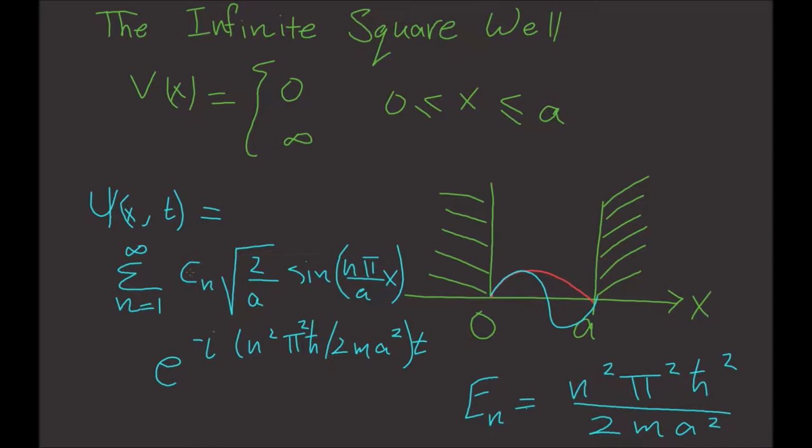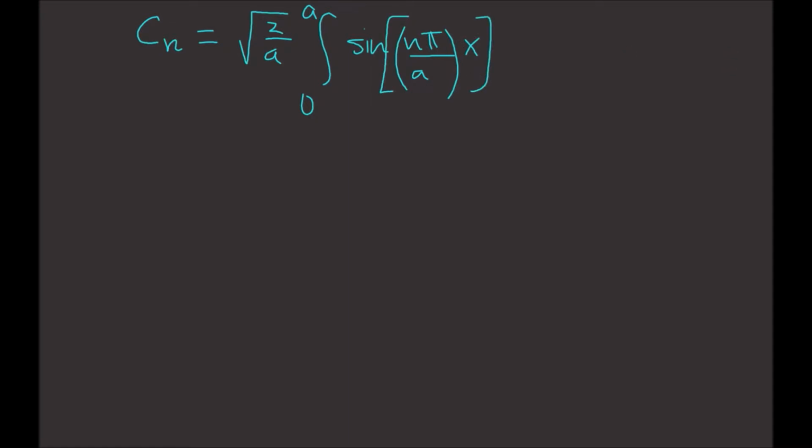One more thing, let's look at this c sub n. Again, we can use the Fourier trick to find c sub n equals the square root of 2 divided by a times the integral from 0 to a of sine of n pi divided by a times x, times psi of x comma 0, dx.